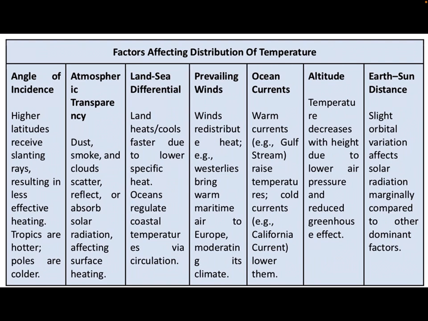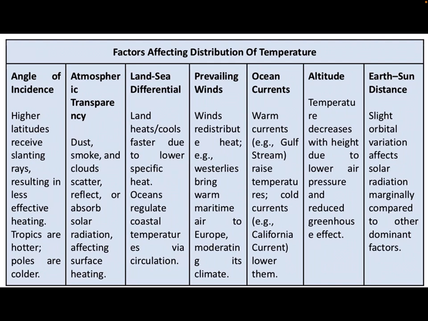It means if the ocean or sea is surrounded by land, then it results in higher temperature because of the surrounding land, and land has the property that it warms or cools more quickly.